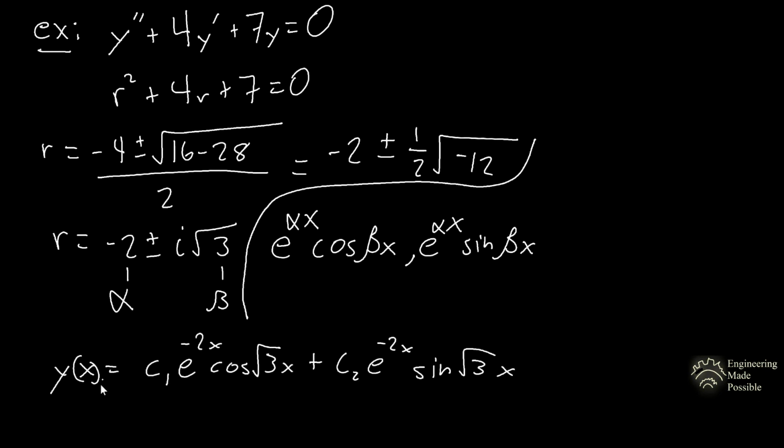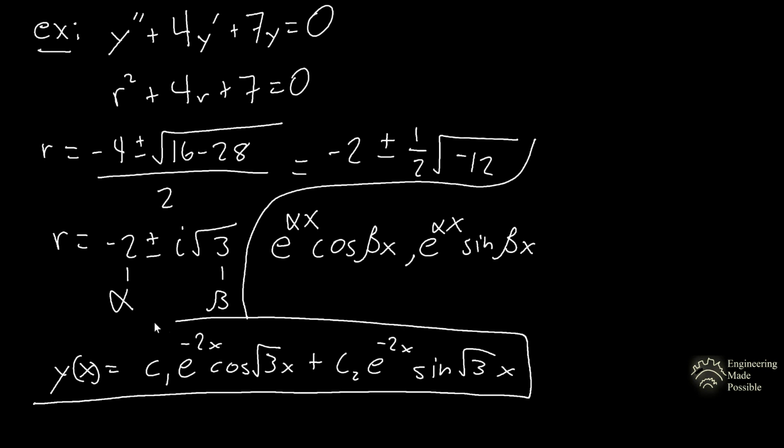So we have the general solution being y(x) is equal to c1 e to the negative 2x times cosine of square root 3 x plus c2 e to the negative 2x times sine of square root 3 times x. So this is your general solution to the differential equation.